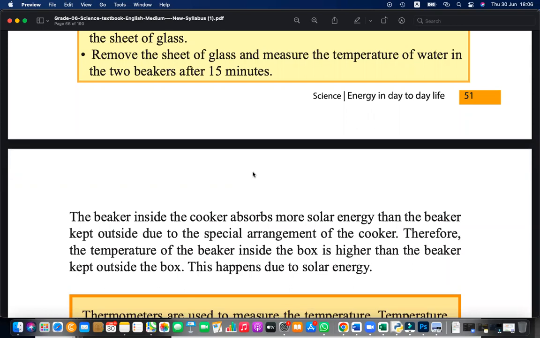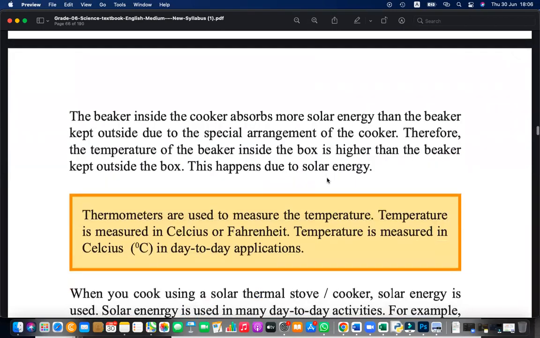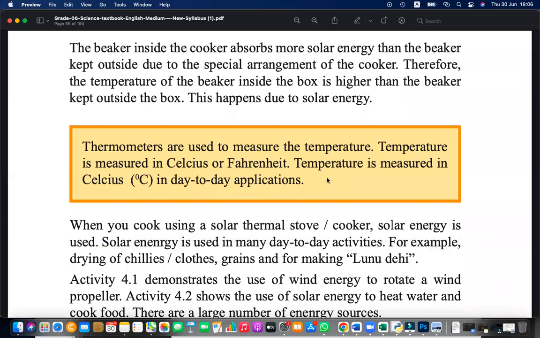There are people who have found solutions. Even I have a solar solution in my home. Less than 10% of the people have their own way of solving this energy issue. But the majority of people are suffering because of not having energy, right?